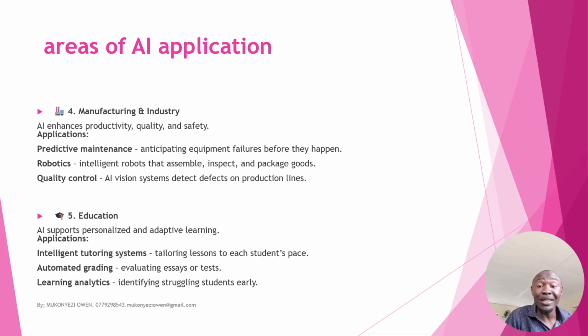We talked about it. It helps to detect when the equipment may need maintenance. So it can detect the failure and when the failure will happen. And of course, after detecting, you solve it there and then. Robotics, intelligent robotics that assemble, inspect and package goods, we have them. Quality control, then it is also used in education.